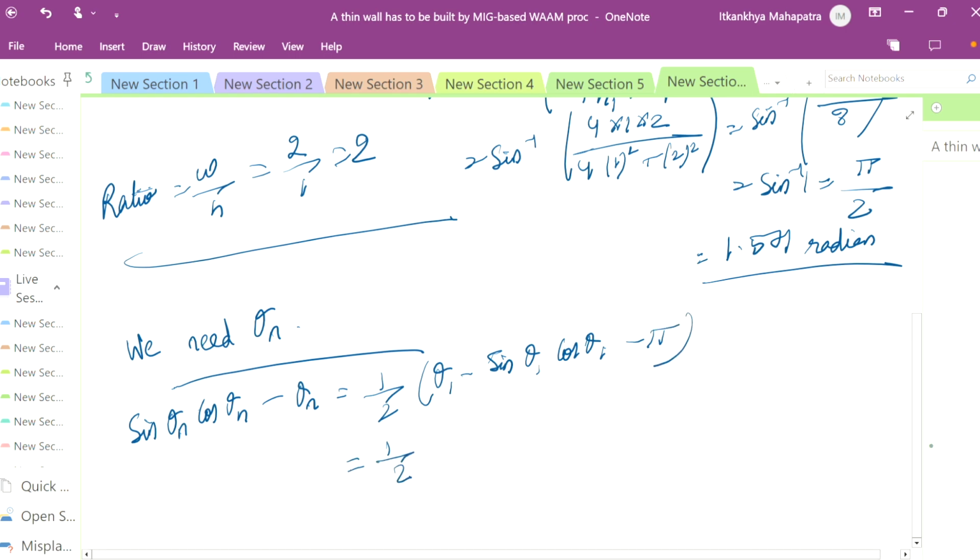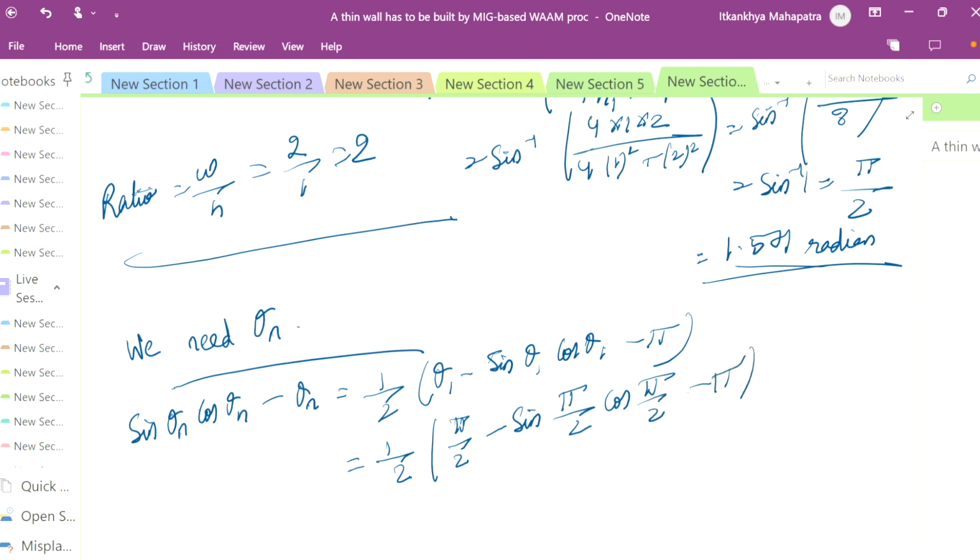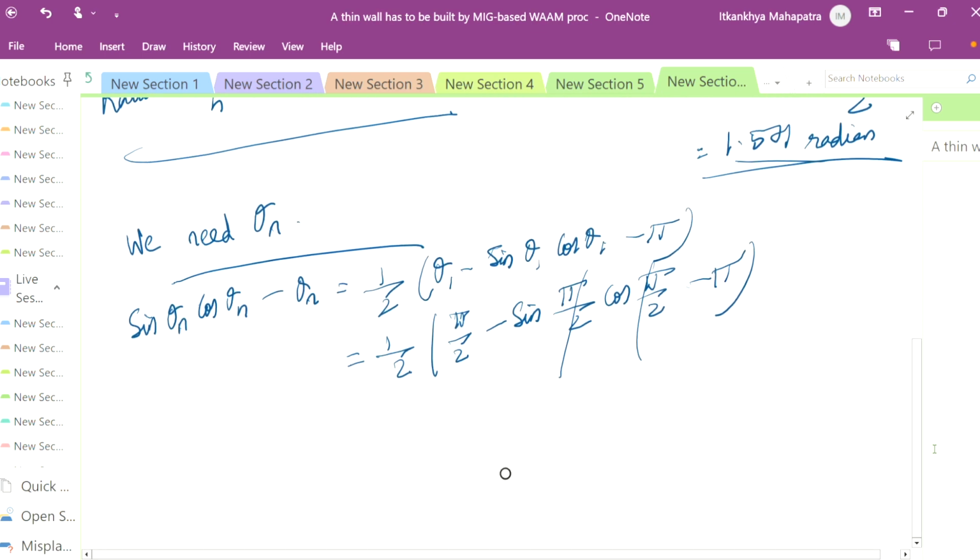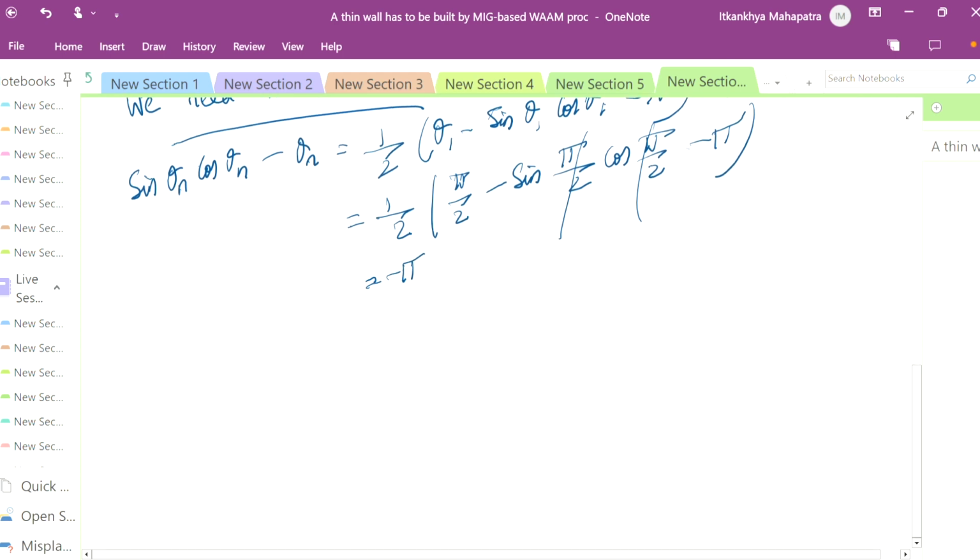Here theta 1 is pi by 2, so half theta 1 is pi by 4. Pi by 2 minus sine pi by 2 cos pi by 2, minus pi, gets cancelled. Now we have theta n minus sine theta n cos theta n equal to pi by 4.